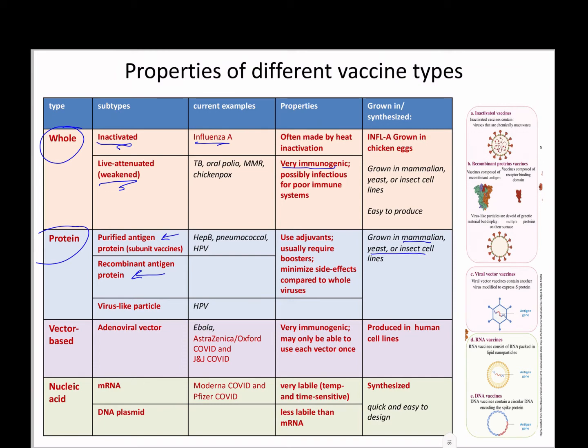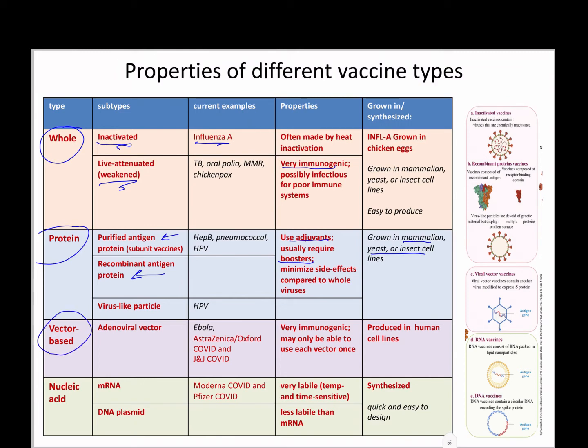Again, remember, these purified antigen proteins aren't super strong in terms of immunogenicity on their own, so those are the ones we usually will end up having to add an adjuvant. They'll also usually require a booster, but you're only having your immune system react to one protein and not to a large number of them, so they can have less side effects than a whole virus vaccine.